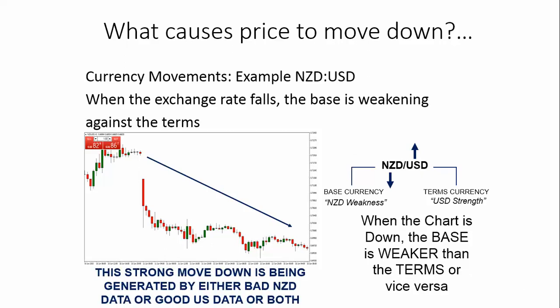What causes this? Well, the strong move down is likely being generated by either bad Kiwi data or good US data, or on occasions you get both. Either way, our job is to identify why the market should move down or should move up.